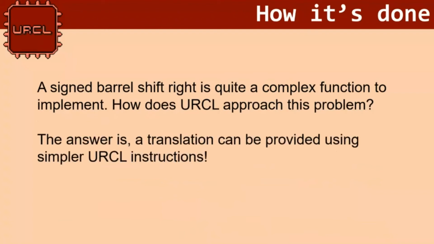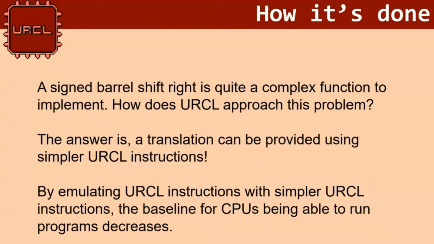The answer is we can provide a translation and implementation of this instruction using simpler URCL instructions. And in fact, we can keep doing this and repeating the process until we're left with a handful of instructions, that's all we will need to run any program.